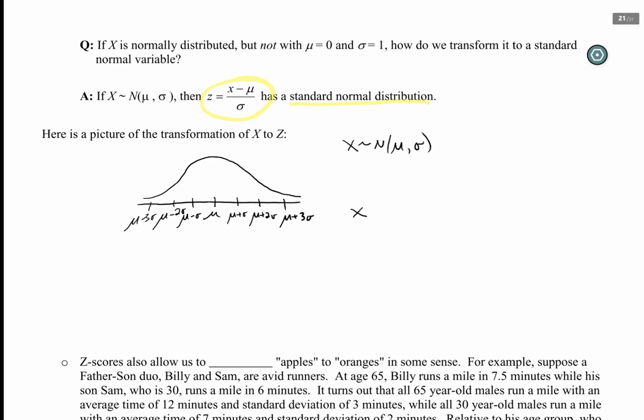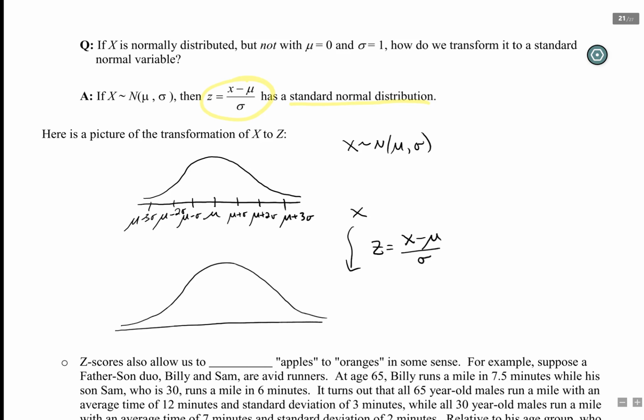Now, if I take every x value on this axis and run it through this transformation, x minus, not x bar, x minus mu over sigma, what does that do? Well, I still have a normal distribution. I still have this bell curve.